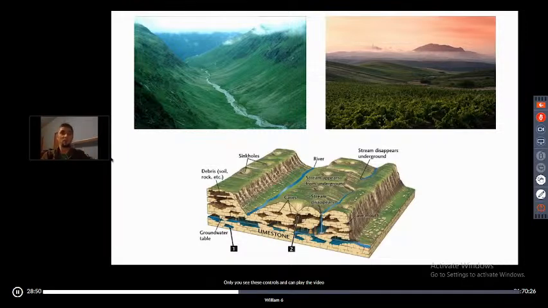And some rocks will hold water, some will not, or the water will behave totally differently. For example, if you have limestone as a bedrock, you'll have underground rivers, and you'll have water behaving rather interestingly compared to, let's say, granite rock.